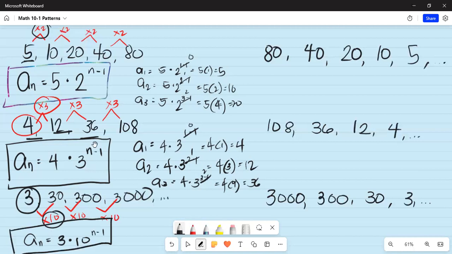Now, let's have this next set of givens. This is actually very similar to the second set. But in this case, instead of multiplying by 2, we are just dividing by 2. Look at the pattern. These are just the reverse of these first three examples.